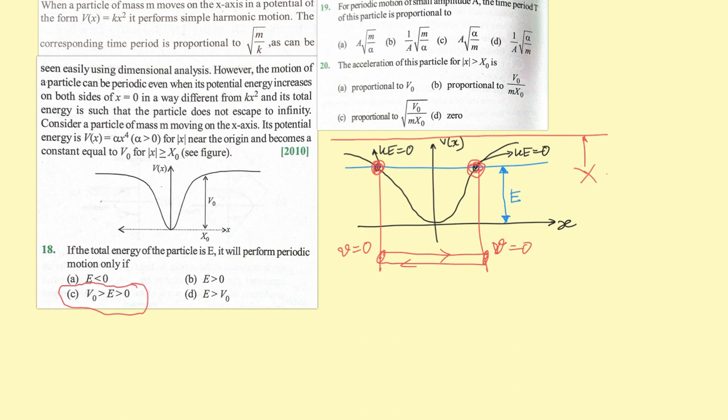Now let us look at question number 19. For periodic motion of small amplitude, the time period T of this particle is proportional to this. It's for SHM. For SHM it is proportional to root m by k.